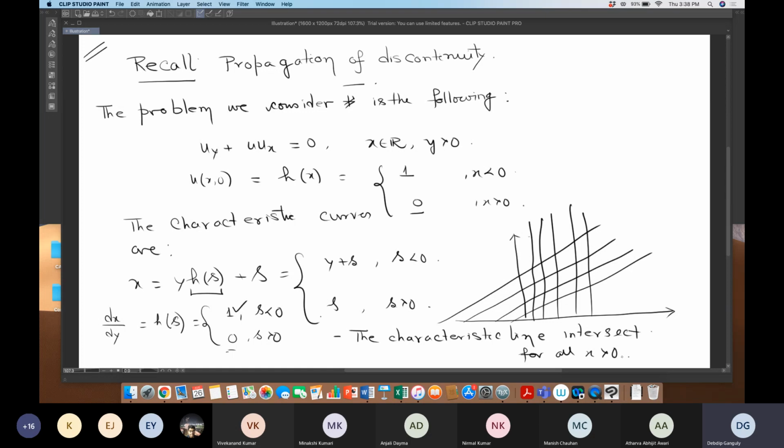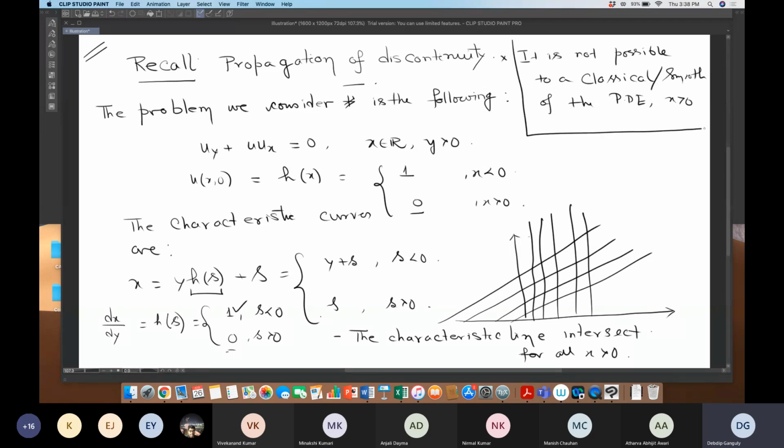So in this case it is impossible to define a classical or smooth solution of the PDE for x positive.